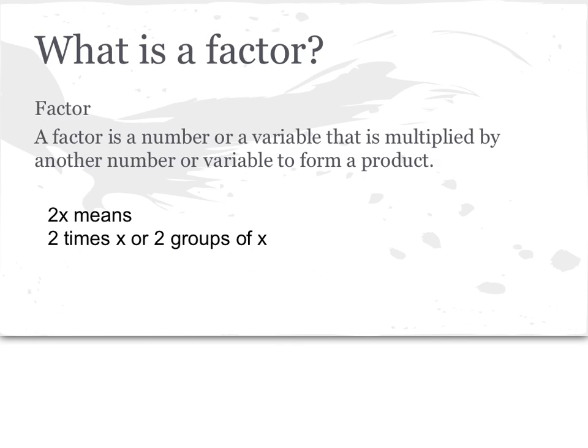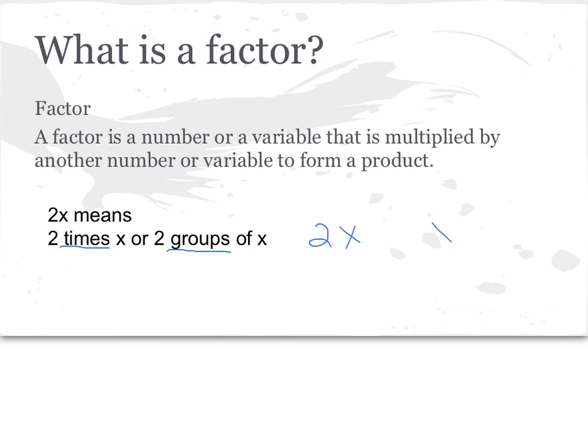What is a factor? A factor is a number or a variable that is multiplied by another number or variable to form a product. So 2x means 2 times x, or 2 groups of x. So whatever x is, you have 2 of them.